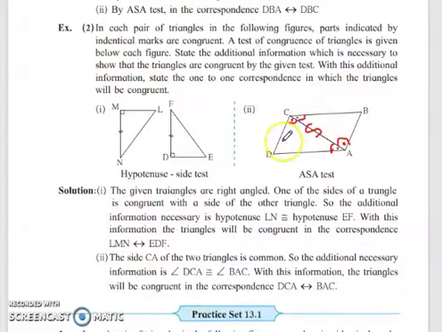And the third angle which was required is that angle DCA is congruent to this angle BAC. So these two triangles are congruent with the correspondence DCA corresponding to BAC. This is the remaining information required.